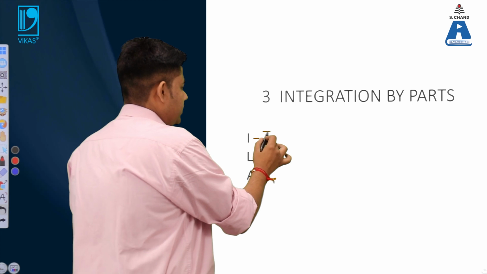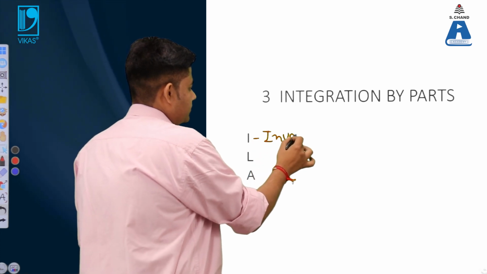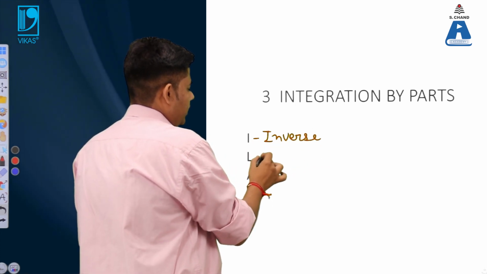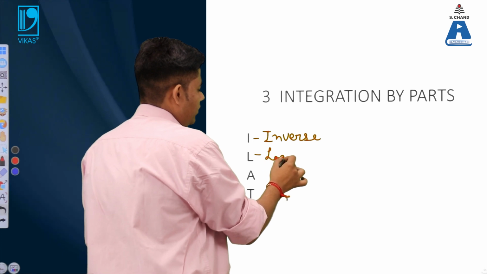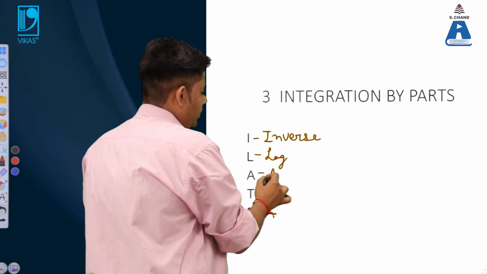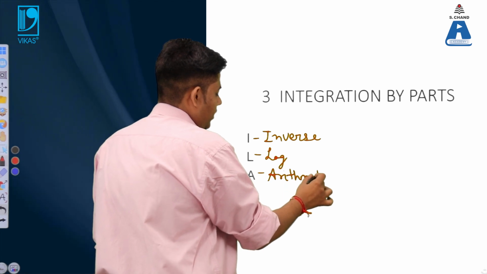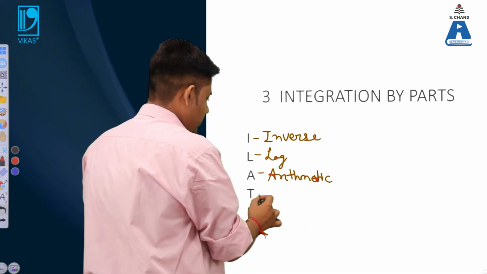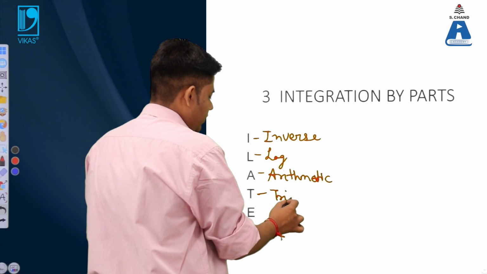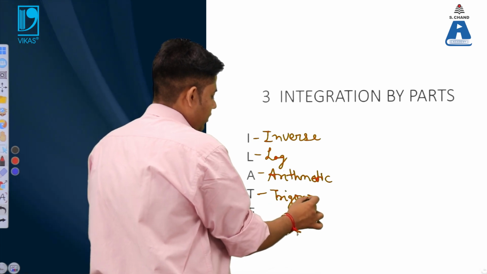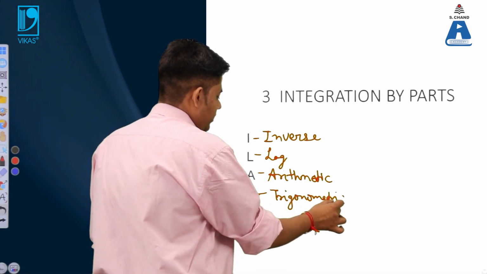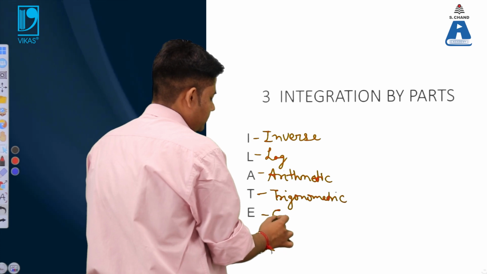This I indicates the inverse function, L indicates the logarithmic function, A indicates the algebraic function, T indicates the trigonometric function, and E indicates the exponential function.